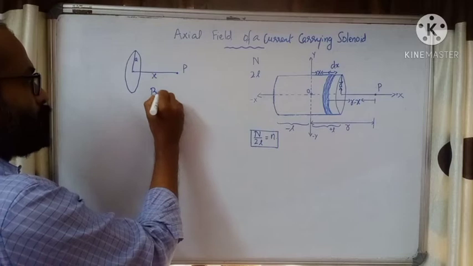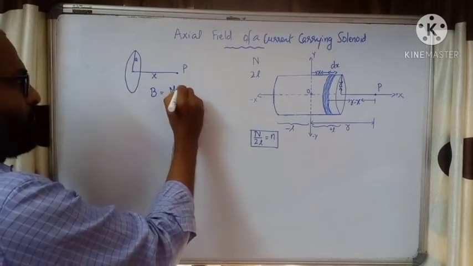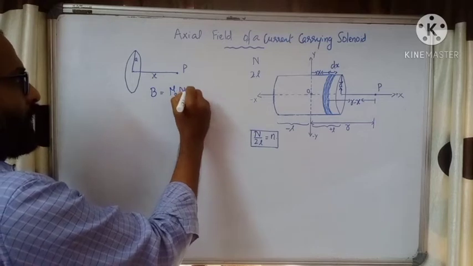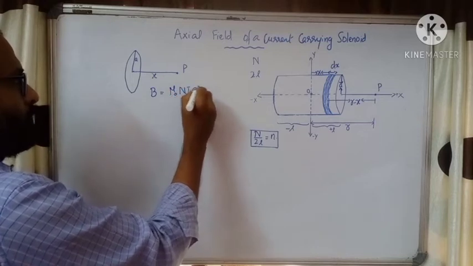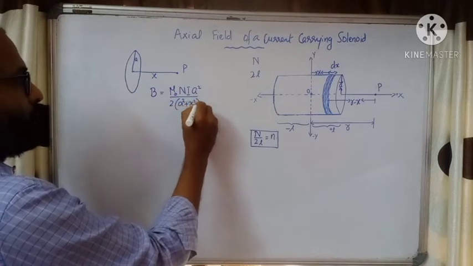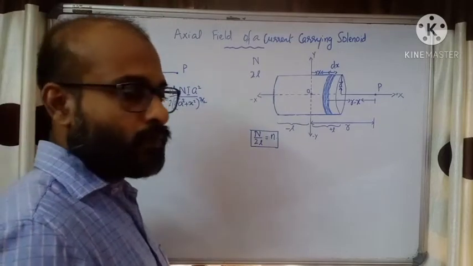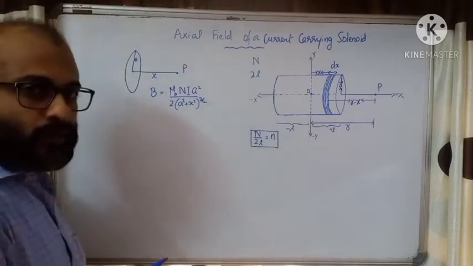We have seen B is equal to mu 0 n I a square by 2 into a square plus x square raised to 3 by 2. We have seen this equation in moving charges and magnetism. We have derived the equation with the help of Biot-Savart law.